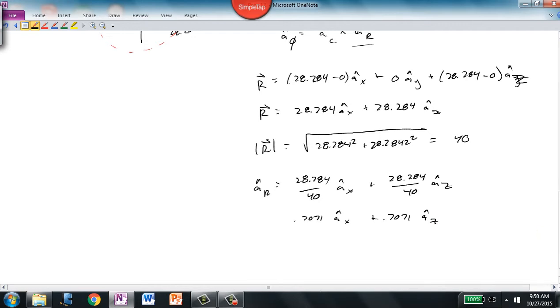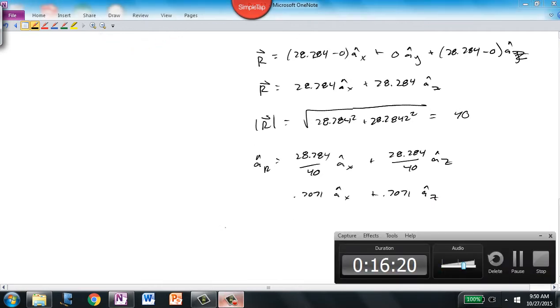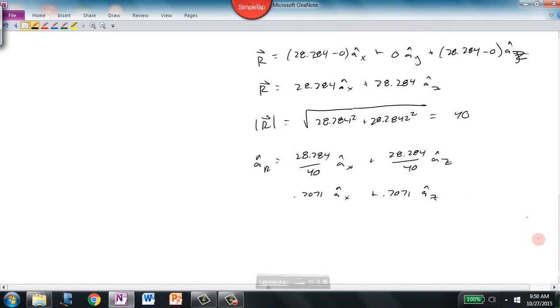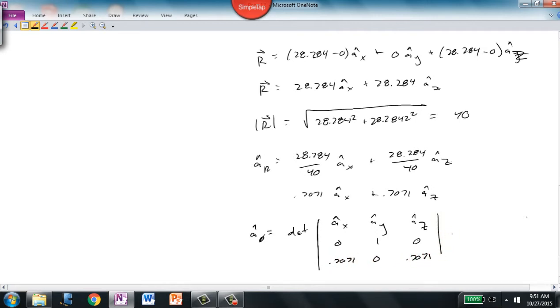So now I can take the vector cross product, and a hat phi is going to be equal to the determinant of a hat x, a hat y, a hat z, current still flowing purely in the y direction, and then we've got 0.7071, 0.7071. And the result of this is 0.7071 a hat x minus 0.7071 a hat z.